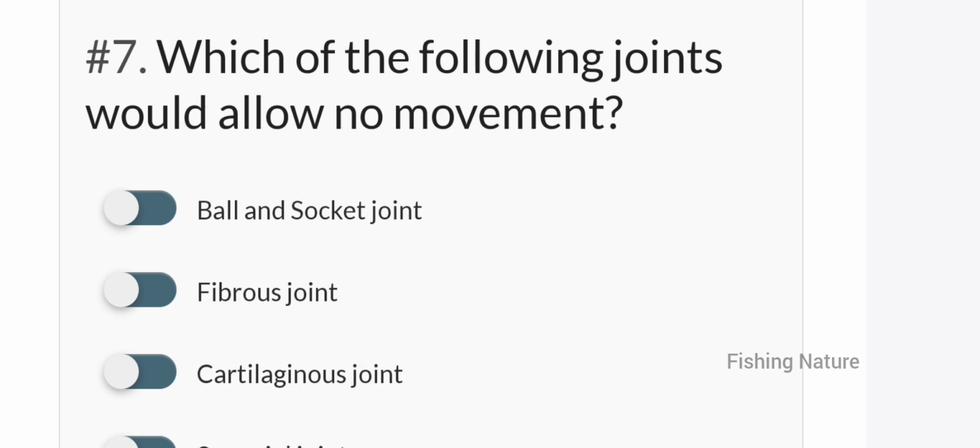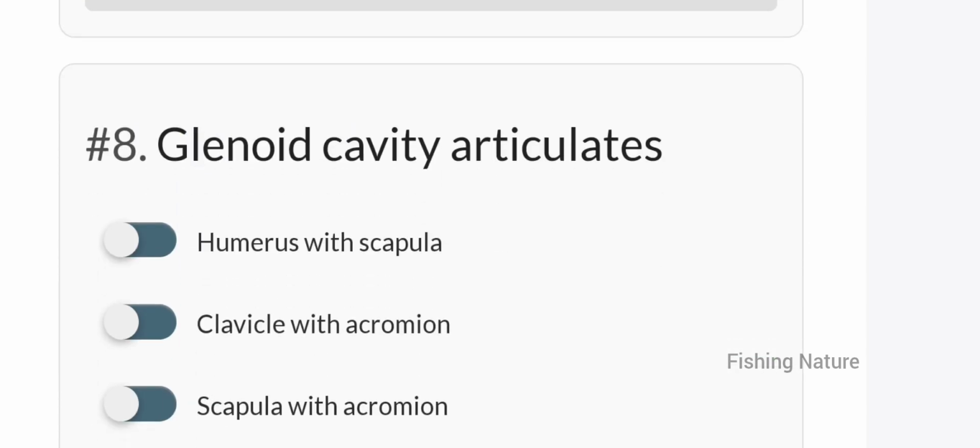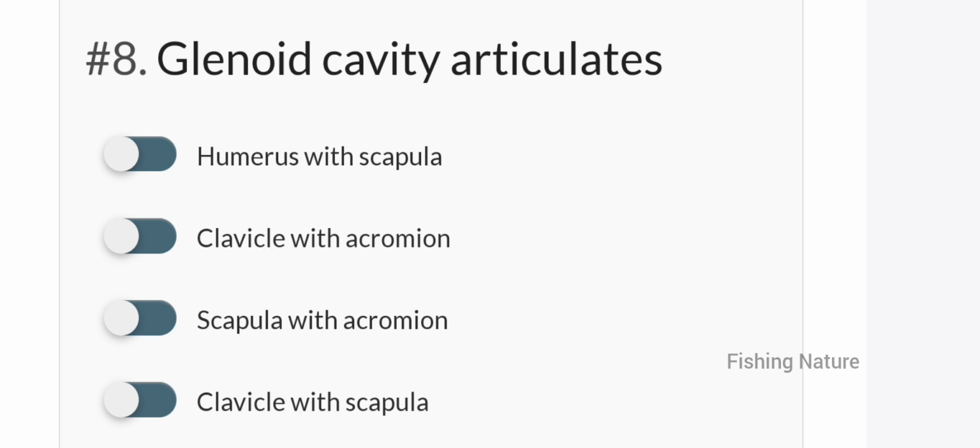Ball and socket joint, fibrous joint, cartilaginous joint, or synovial joint? It is the fibrous joint, which has no movement. Next, the glenoid cavity articulates the humerus with the scapula, or clavicle with acromion, or scapula with acromion, or clavicle with scapula. Where does it articulate? It articulates the humerus with the scapula.